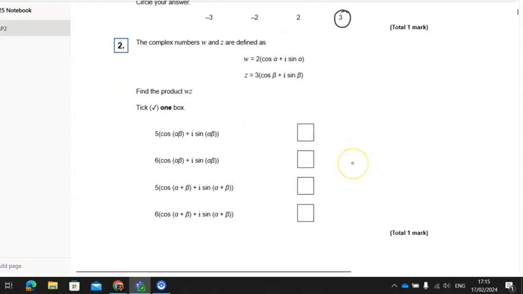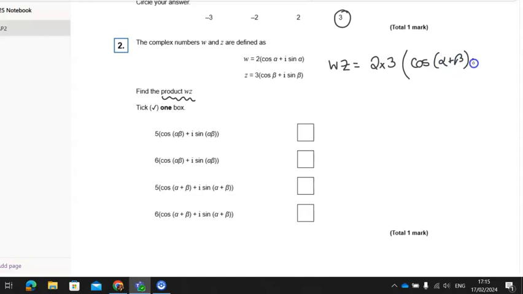Now the next bit is one of those things that you just have to learn. If you're doing the product, so multiplying two complex numbers together, w times z, we multiply those moduluses together at the start, so we'll have 2 times 3, and we add the angles, so we should have cos of alpha plus beta plus i sine alpha plus beta.